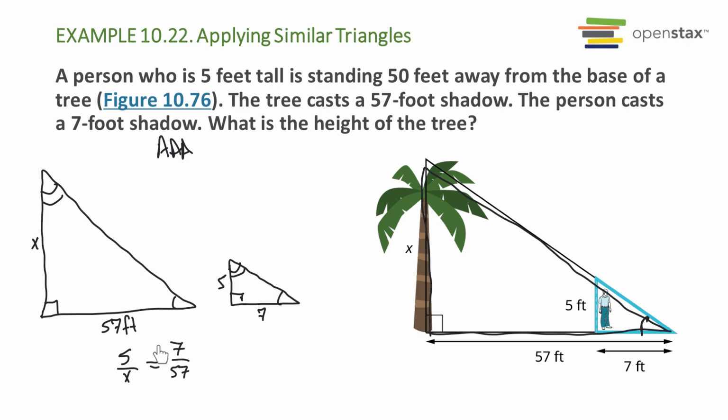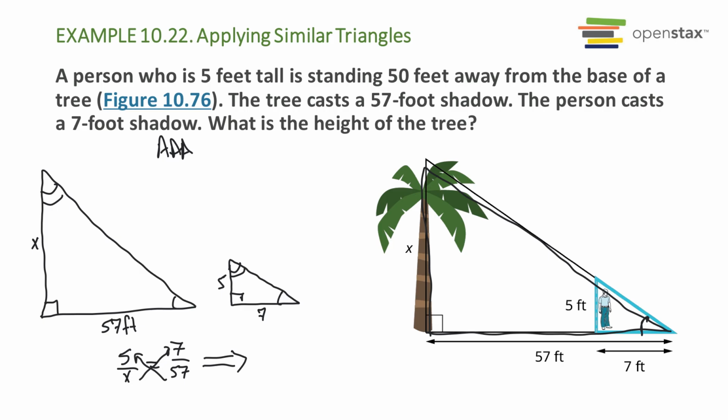You have to make sure the tops are the same and the bottoms are the same. The tops were the smaller triangle and the bottoms were the larger triangle. Then we do a process called cross multiplication, something you probably learned in an algebra class a long time ago.